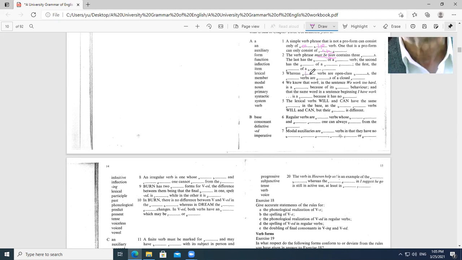We said lexical verbs are open class, whereas, yes, but what? Auxiliaries. We have either a lexical verb or an auxiliary. What are the auxiliaries? Items of a closed class, or a closed system.